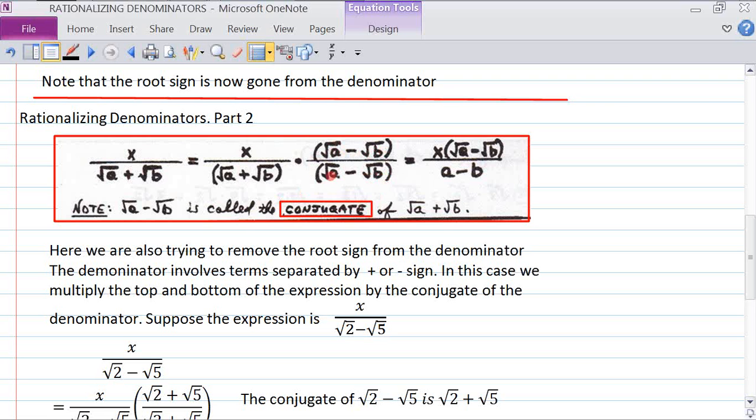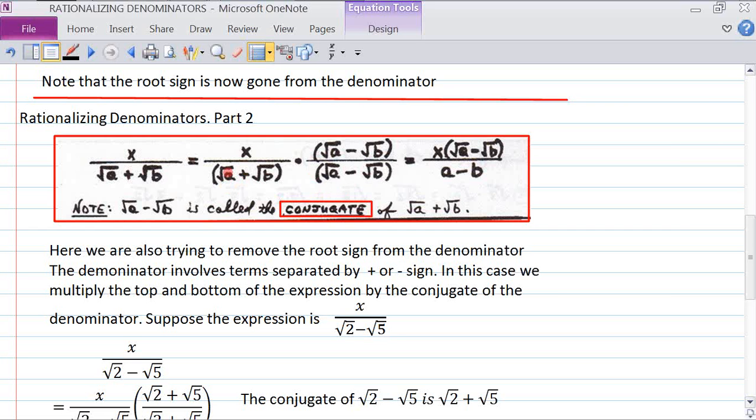Now, why do I do that? Because I'm going to use the FOIL method. I'm going to multiply the first times the first, which gives me this. And I'm going to multiply the last times the last, which gives me this. And the inner term is going to be plus b root a. And the outer is going to be minus b root a. So the inner and the outer cancel each other when we multiply by the conjugate.